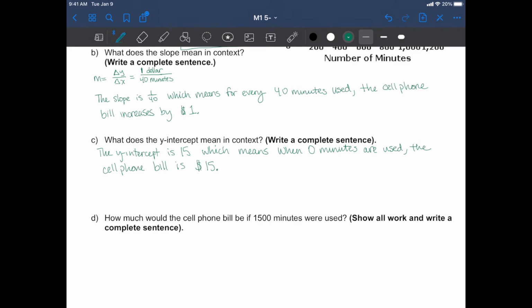Now, we don't normally talk like that. We would just say that the bill is $15 without using the cell phone or something like that. But this is a very formulaic approach to making sure you interpret what the y-intercept means. You could say when 0 minutes are used, that's the x value we're talking about, the cell phone bill is $15. That is the y-intercept in this case.